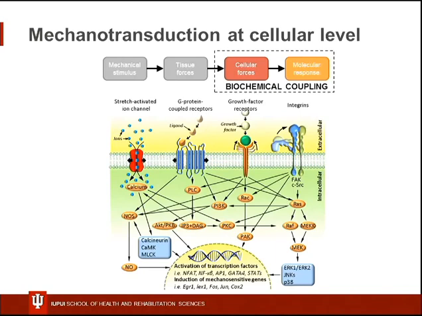So you have all these pathways, and we know it's a lot more complicated than this, that we directly link these different molecules, but there's also a lot of molecules we don't know about. But somehow this mechanical stimuli triggers the mechanosensor that results in a molecular or biochemical coupling or cascade that results in a change in cell activity.